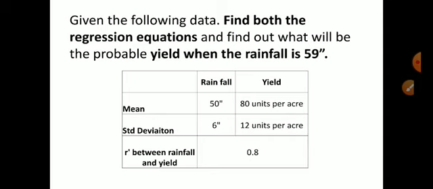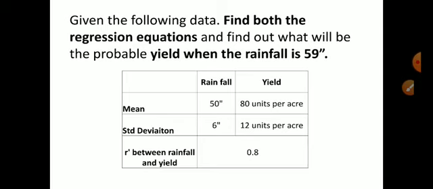They have also given the arithmetic mean of rainfall and arithmetic mean of yield, and the standard deviations as well as the correlation coefficient, that is r, between rainfall and yield. That is x bar is 50, y bar is 80, sigma x is 6 and sigma y is 12, and the correlation coefficient r value is 0.8.